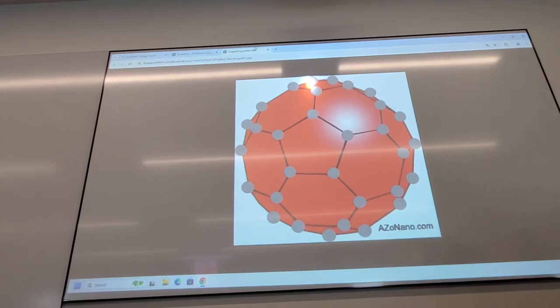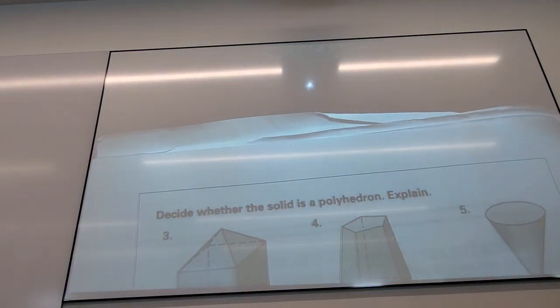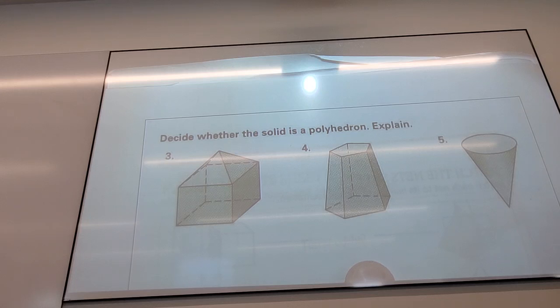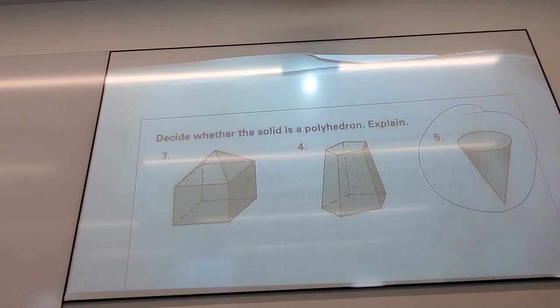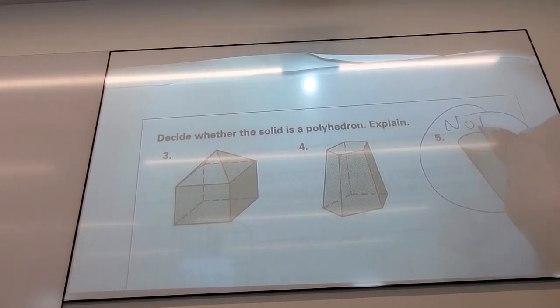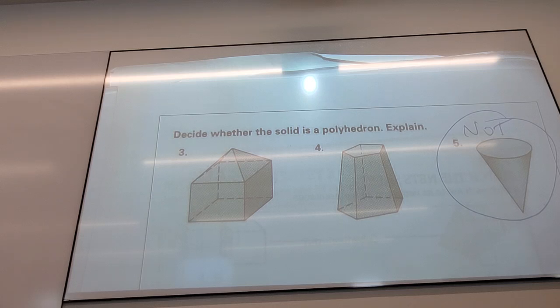Let's look at a few of these problems. Which one of these is not a polyhedron? Why? Because it has a curved side.